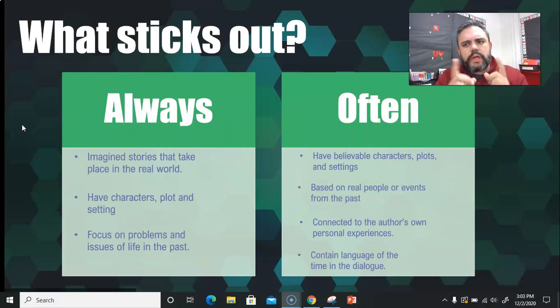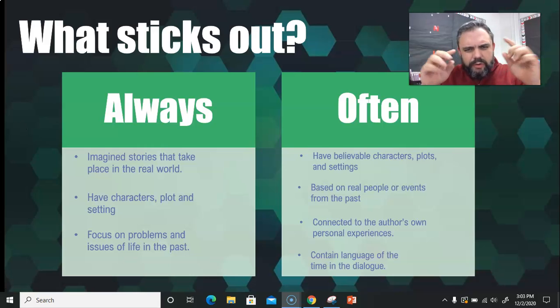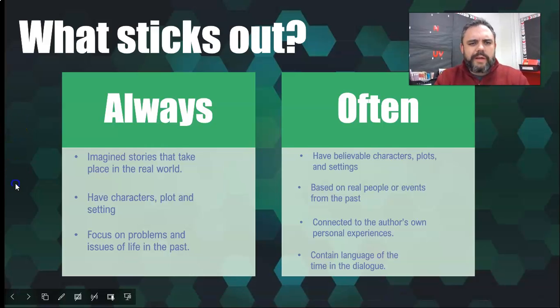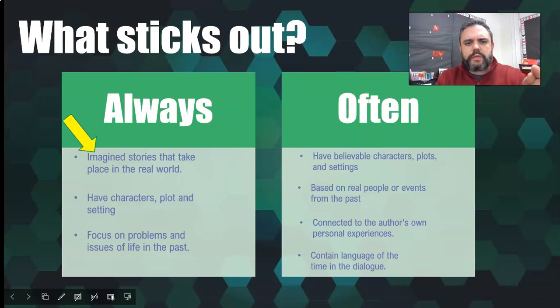All right, guys, let's put our good thinking minds together. What sticks out about these always and often statements? What do you think are the most important things that we can take from these two charts to put together a definition? How about, huzzah, boom, imagine stories taking place in the real world. What else might be something pretty good?